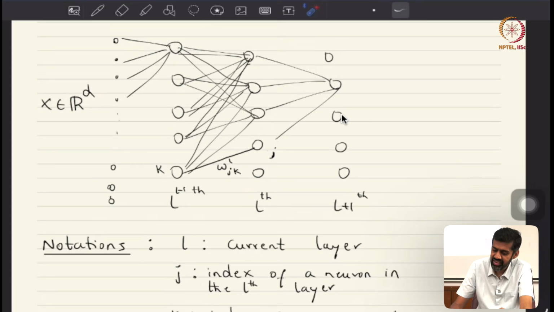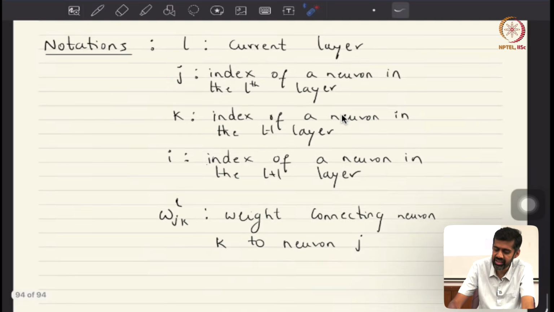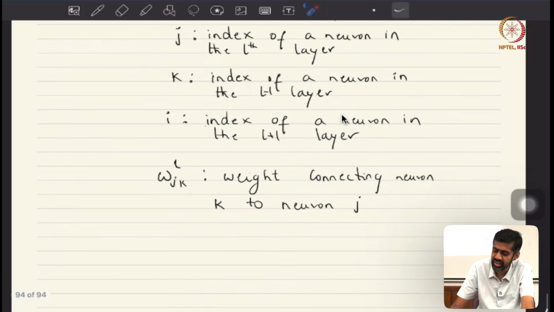Also note that the elements of the column of this matrix that defines a particular layer contain the weights that connect a particular layer to the next layer, next neuron. All those weights are stacked into a particular column. If you are looking at scalars, then there are these many connections. W, J, K, L defines the weight connecting neuron K to neuron J. Is that all right?